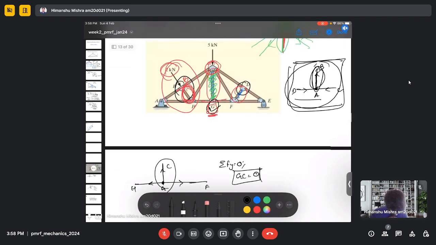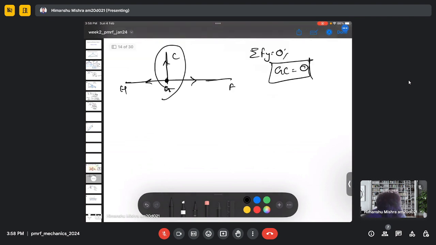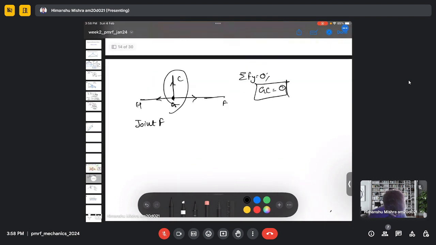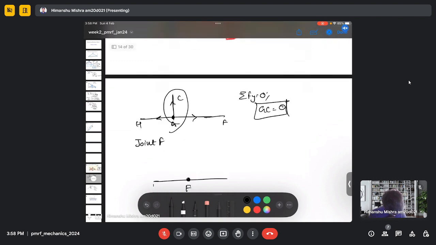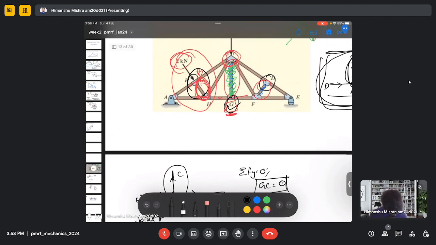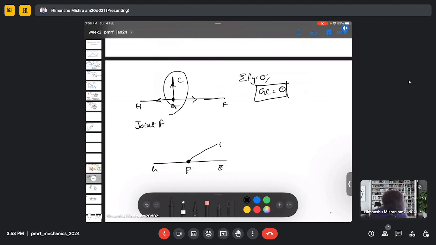So let's consider joint F. This is F, this is G, and this is E. This is D, and this is C. Let's say it has an angle theta from the vertical direction.